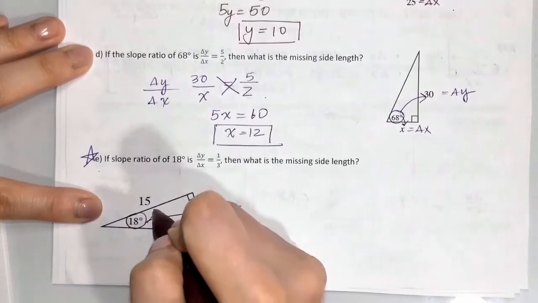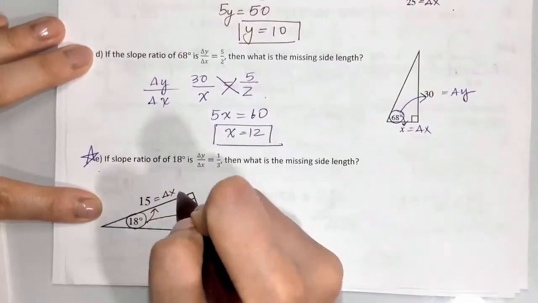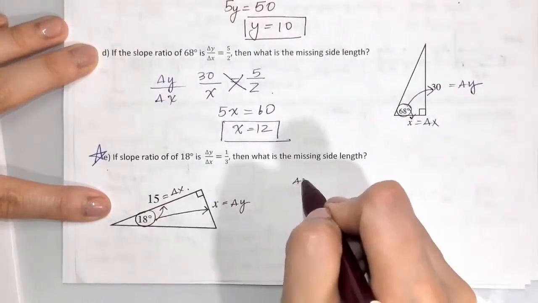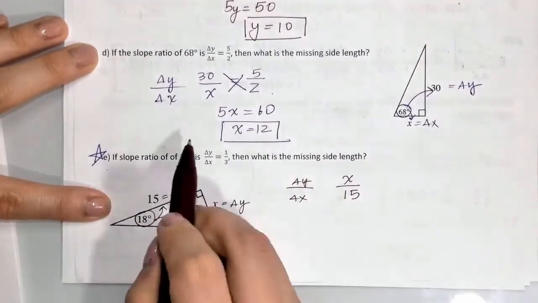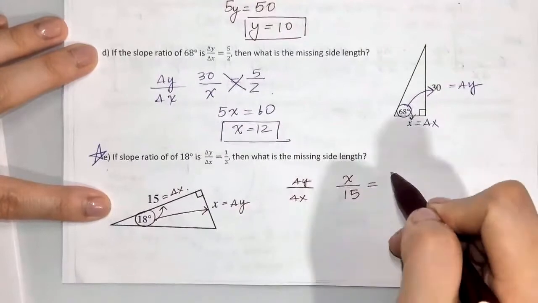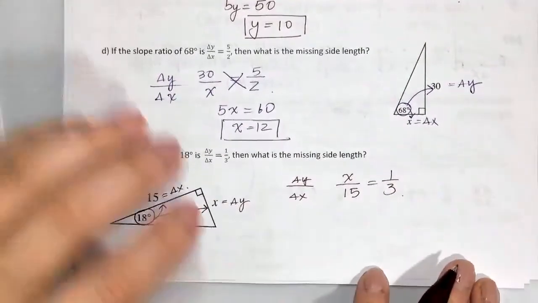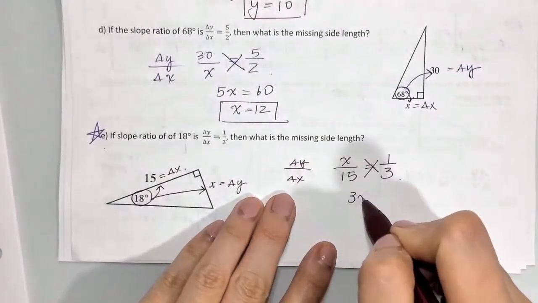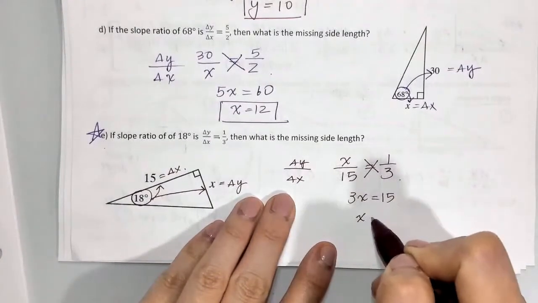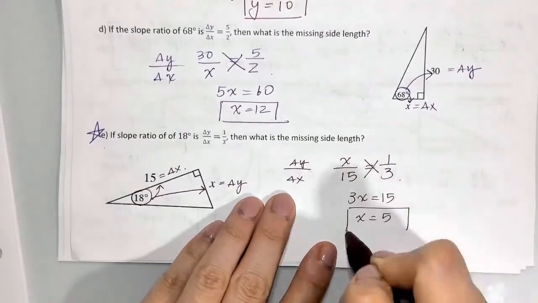And the side adjacent to it is going to be delta x. So my ratio is going to be x over 15 equal to the ratio of 1/3. That's what you should start with. Cross multiply, 3x is equal to 15, so x is equal to 5.